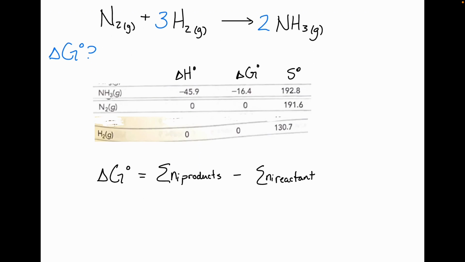So since we're talking about delta G, we're going to do products minus reactants. So 2 times that negative 16.4 minus the sum of my reactants, but they're both 0, right? So 3 times 0 plus 0 is just 0. Okay, so negative 16.4, we get negative 32.8, and our units for delta G are kilojoules per mole.